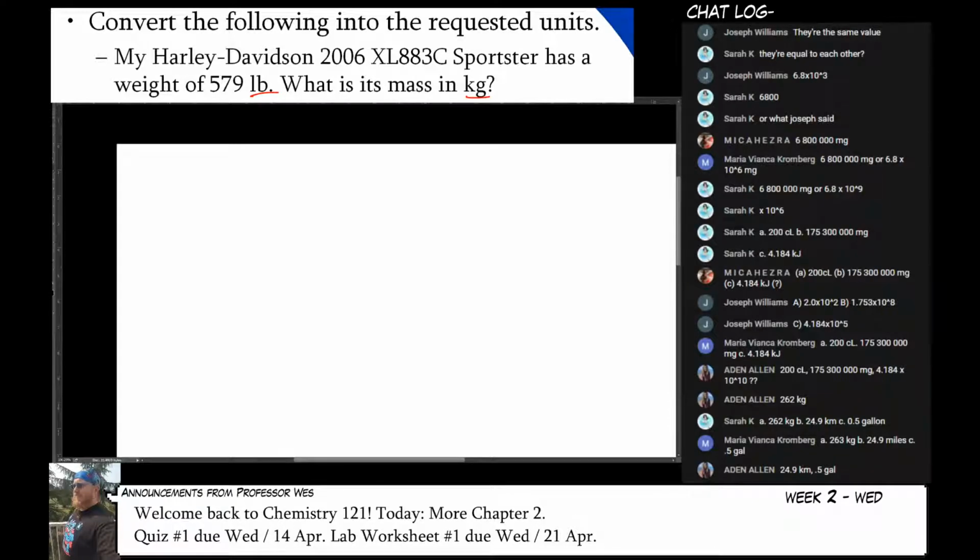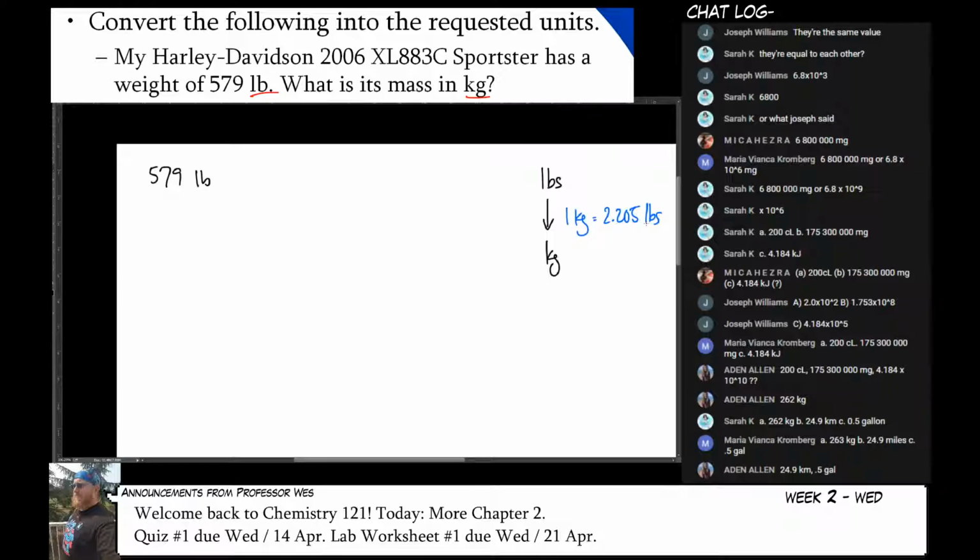So first we need to know, what value are we starting with? We're starting with 579 pounds. We need to turn pounds into kilograms. And the conversion that we have for pounds to kilograms, if I look this up on Google, 1 kilogram is 2.205 pounds.